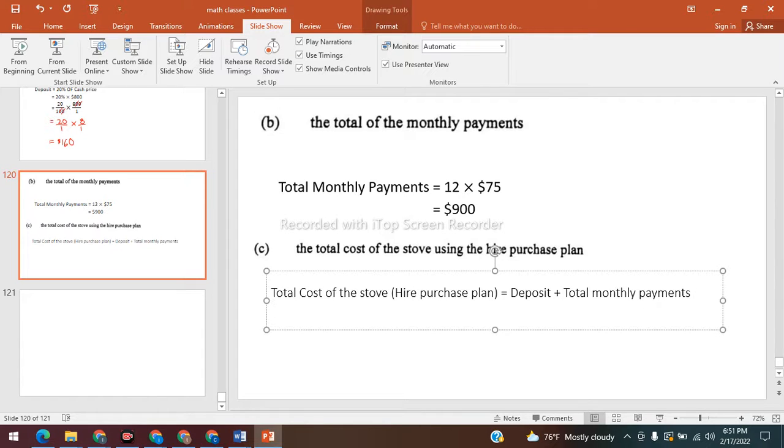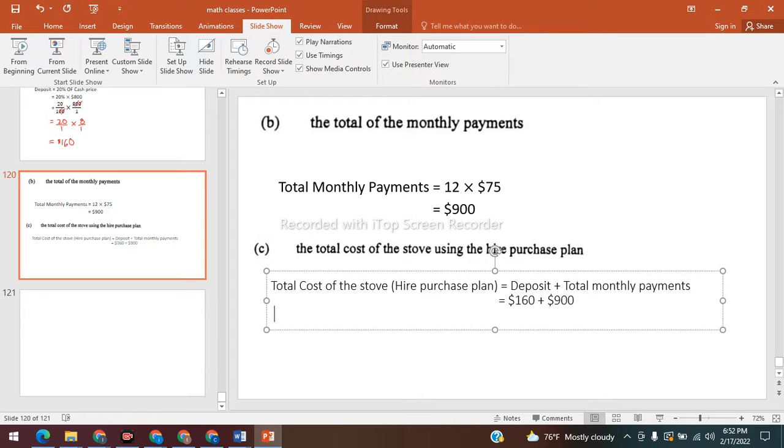The deposit was 160, plus 900, which is going to be equal to $1,060.